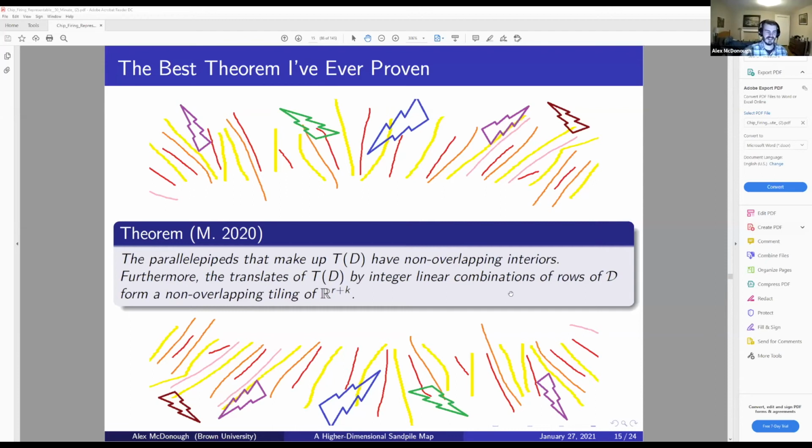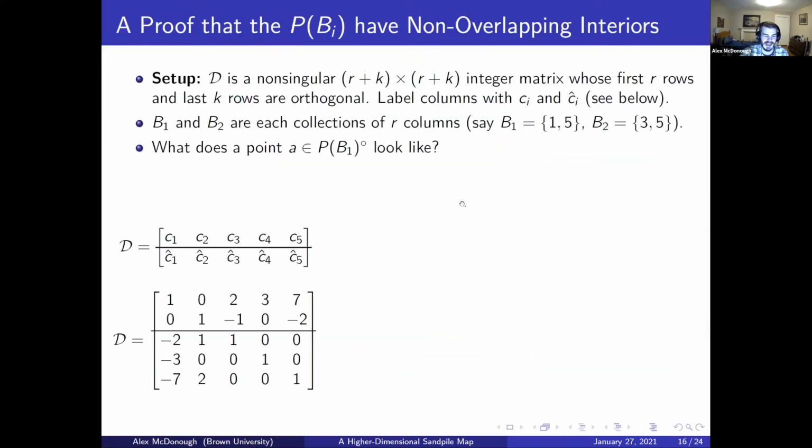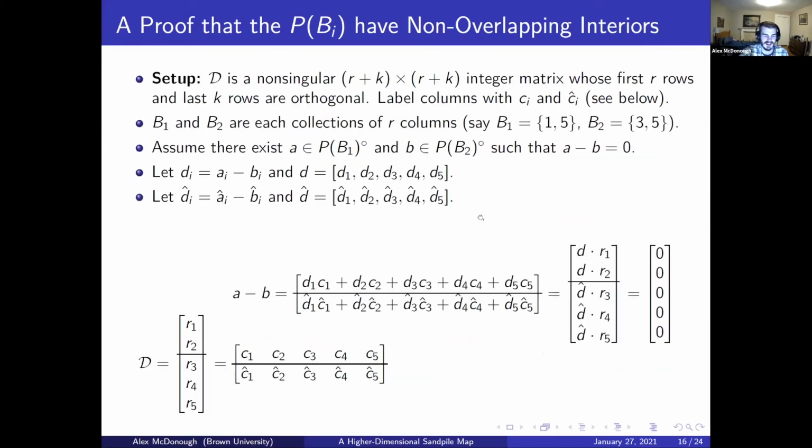Okay, so we have this best theorem I've ever proven, and I couldn't help but put a proof in here, but I don't think we're going to have time, so everyone's probably sad. I'm just going to skip through this.